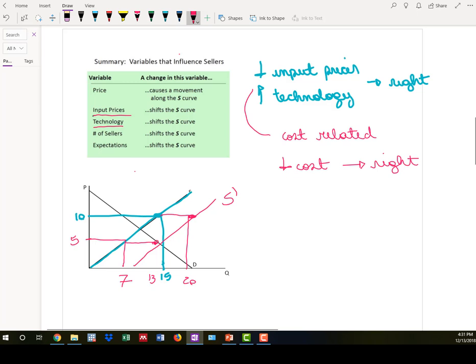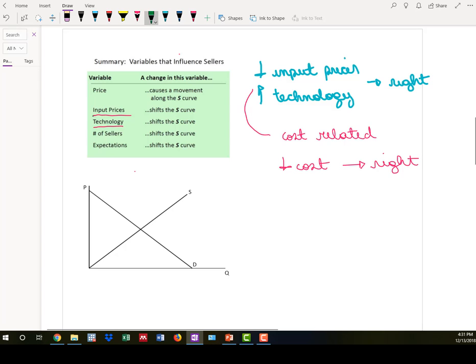And the other determinants listed here are the number of sellers and expectations. Let's talk about the number of sellers. The number of sellers effect is actually similar to the number of buyers effect when you are studying the demand curve. Now think about it. Let's say instead of 5 coffee shops that you have in Murray, lots of businessmen decided to open coffee shops, and now we have 20 coffee shops in Murray.